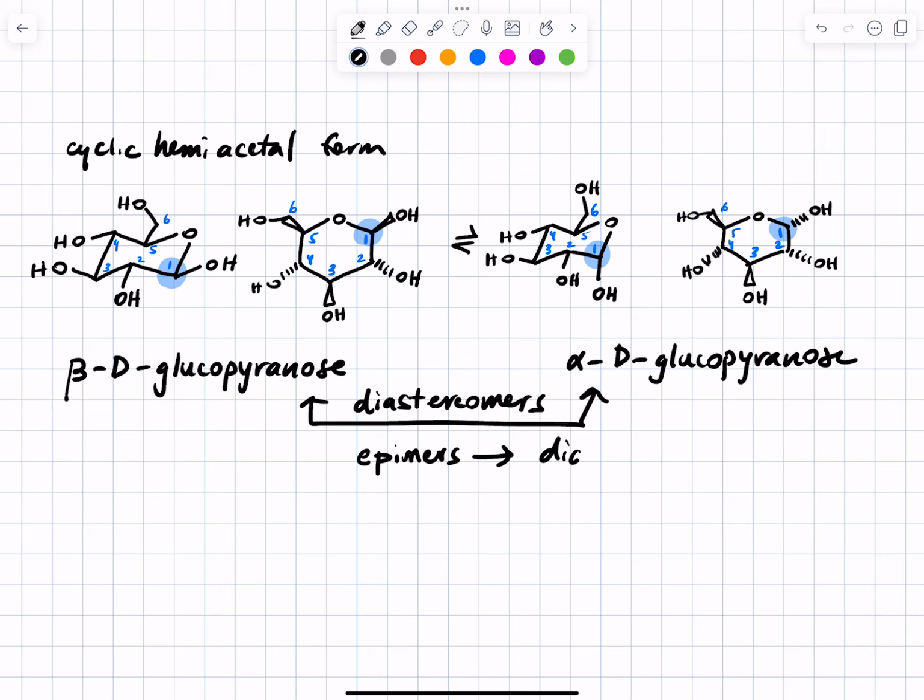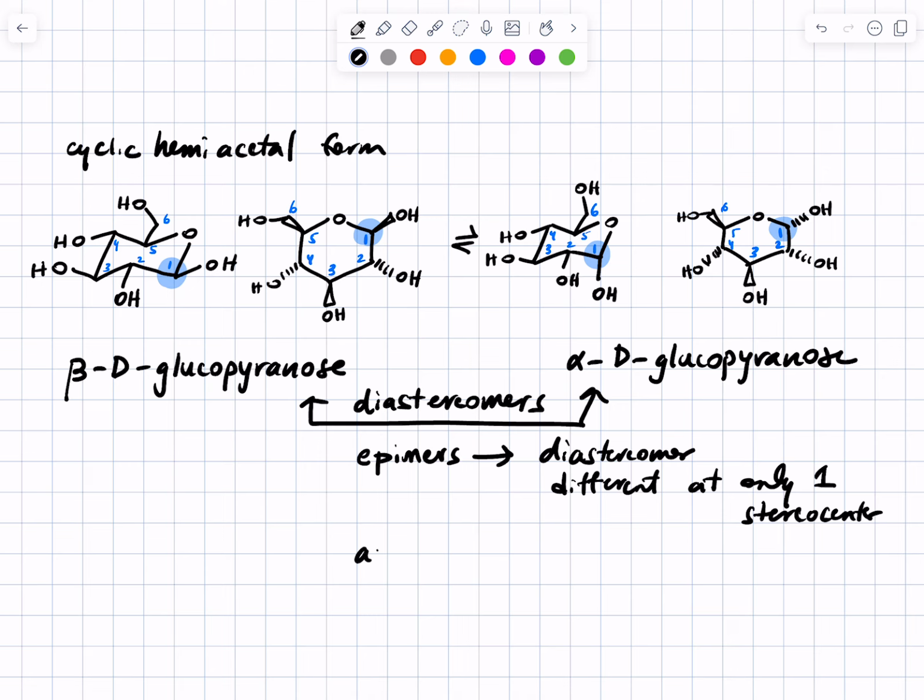An epimer is a diastereomer that is different at only one stereocenter. And for these two glucose diastereomers, we'll have another term that means the same thing. It's called anomers. Anomers are epimers or diastereomers that differ at a specific carbon, and that carbon is called the hemiacetal carbon.